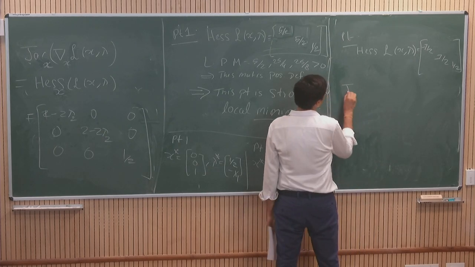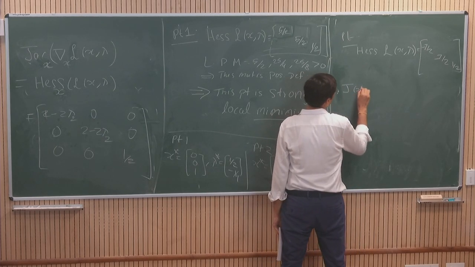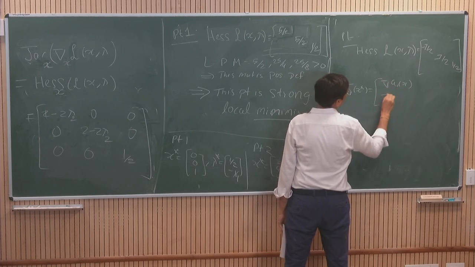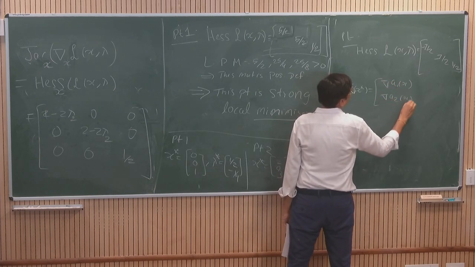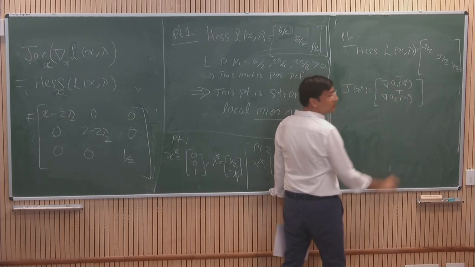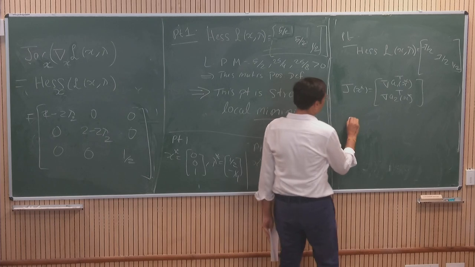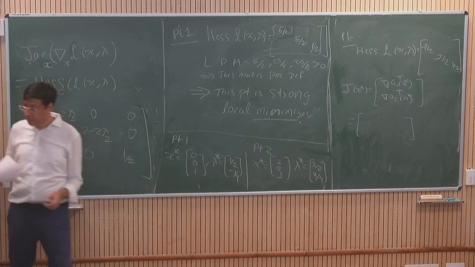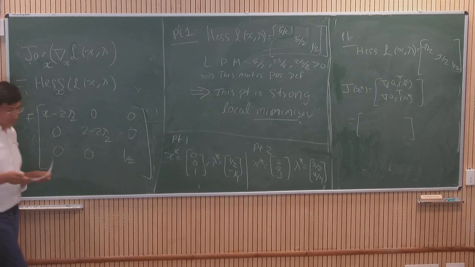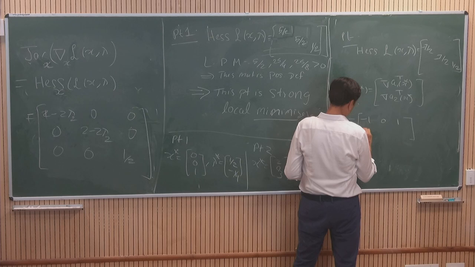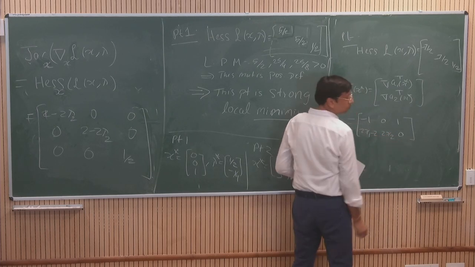So the Jacobian of constraints, how did we define it? Gradient of a1 of x and gradient of a2 of x. Put it in a row format. This is how we defined it. So what are the gradients? You have written the gradients down. It was minus 1, 0, 1, and 2x1 minus 2, 2x2 and 0.